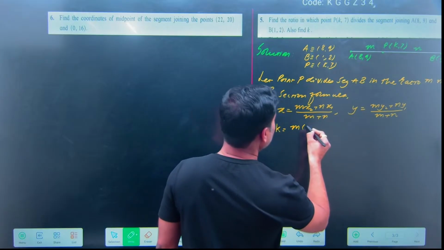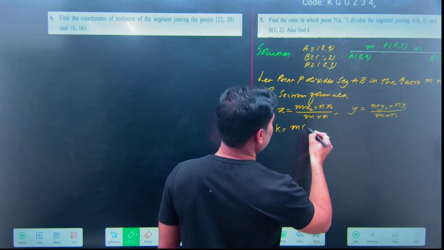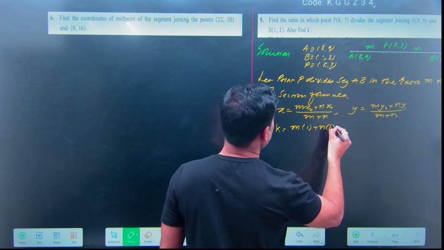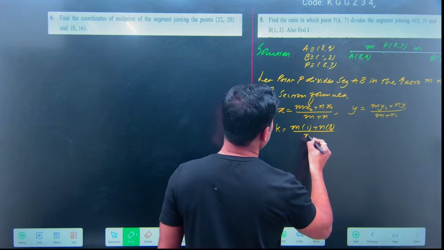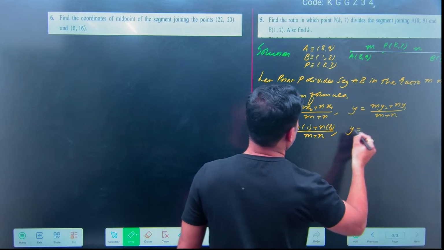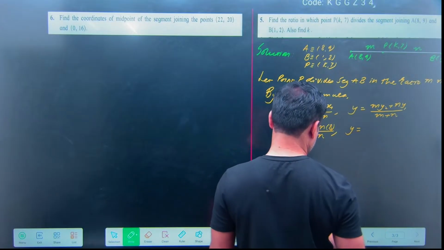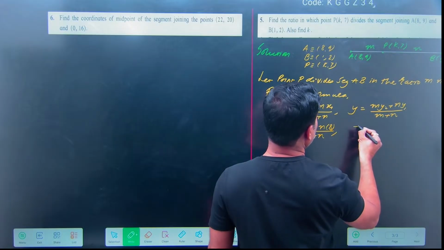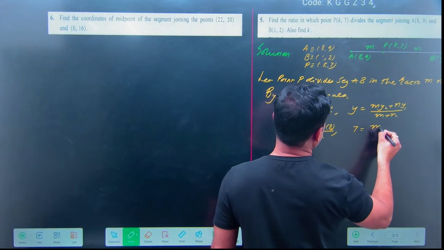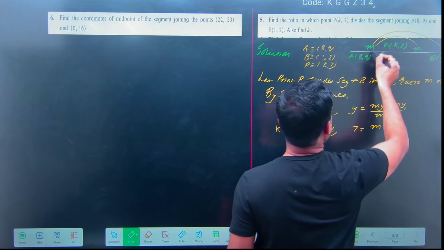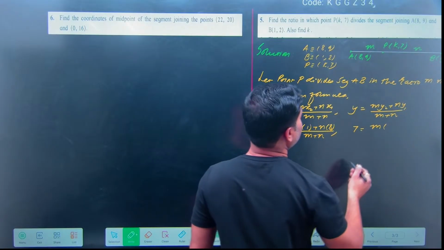So m into the x coordinate of the right side point and n into the x coordinate of the left side point, and in the denominator you need to write that ratio as it is. Again here for the y coordinate, copy the y coordinate of point P, m as it is, again m into its y coordinate and n into its y coordinate, like that.